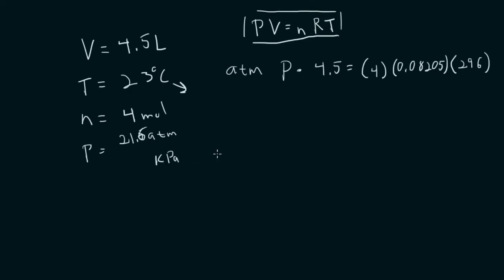Now, what about kilopascals? Well, I'm going to set this up the same way with mostly the same numbers. So for kilopascals, I'm going to use a 4. And I'm going to use my universal gas constant for kilopascals, which is 8.314, and then 296.